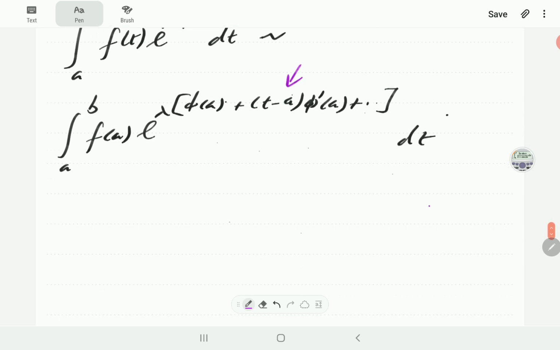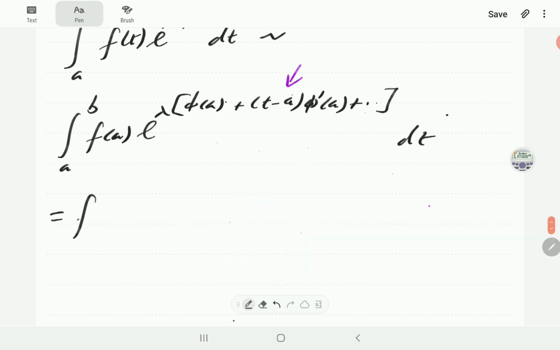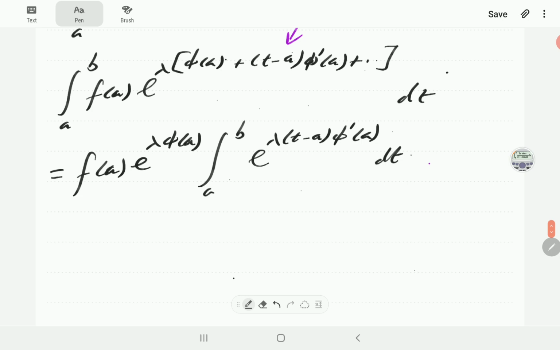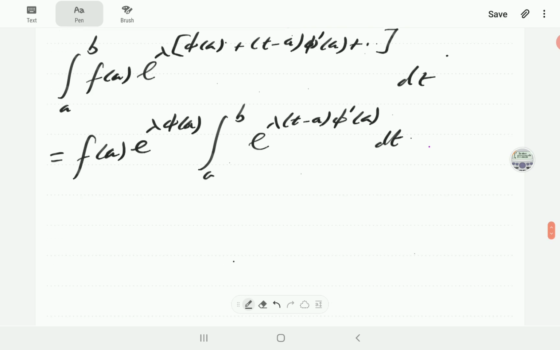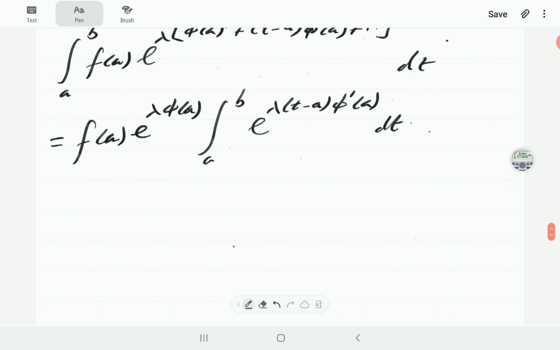All the others are constants. So if we factor those out, we're going to have f of a e to the lambda phi at a, and then the integral from a to b of e to the lambda t minus a phi prime. This is straightforward to integrate. It's just the integral of e to the constant times t.